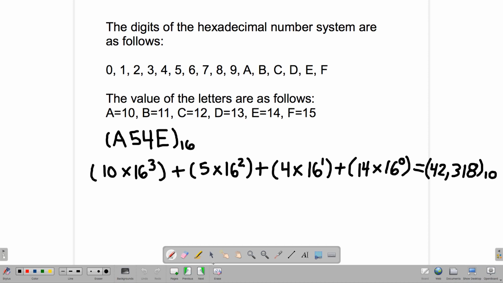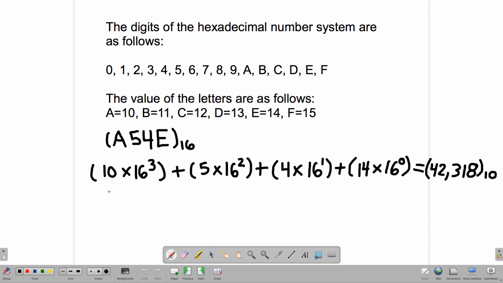So we got an example here of a hexadecimal value: A54E. This is a hexadecimal base, which is base 16. I broke it down just to show how you take that hexadecimal value and convert it to a decimal value.